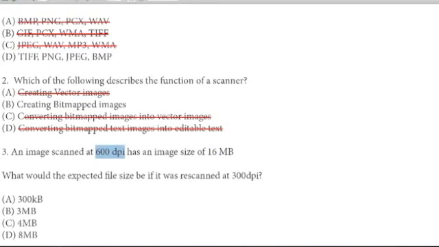So what change are they making between the old image and the new image? The new image is half the DPI. So when we look at the dots per inch, that's resolution. So if we're halving the resolution, we also need to halve the file size. So in this case, it's going to be 8 meg.